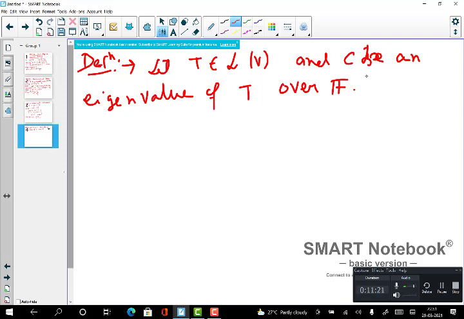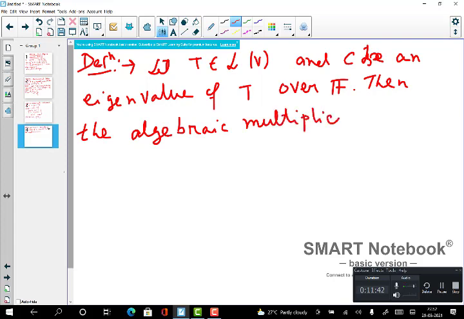The algebraic multiplicity of c: c being an eigenvalue means c is a root of the characteristic polynomial, right?